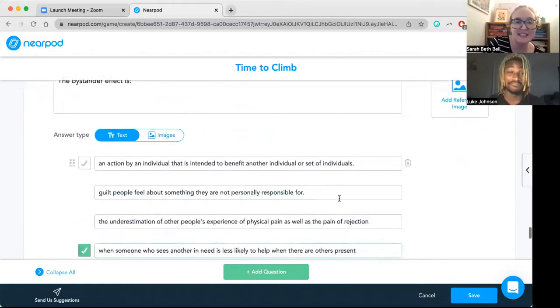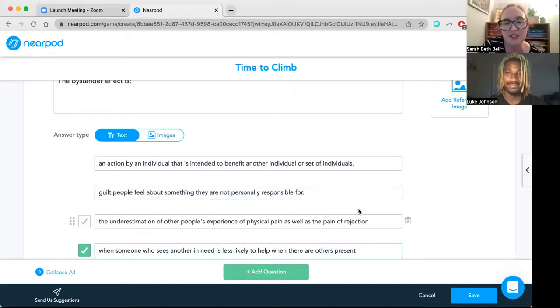Bystander effect is whenever you're not as likely to help when other people are around. So, you see somebody in a car accident off the interstate, I don't think it's likely at all that you're going to pull over. If you were way out in the country on a back road and you saw somebody broken down, you'd probably be way more likely to help.